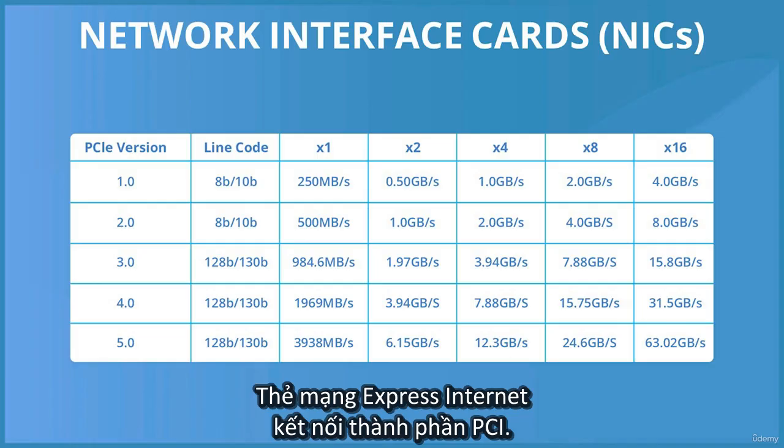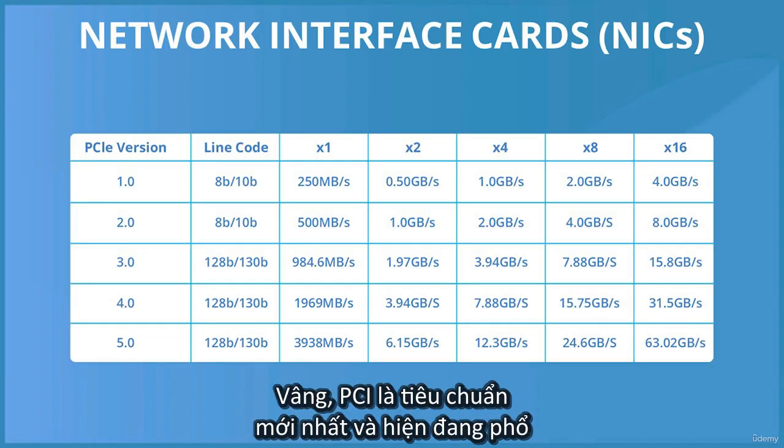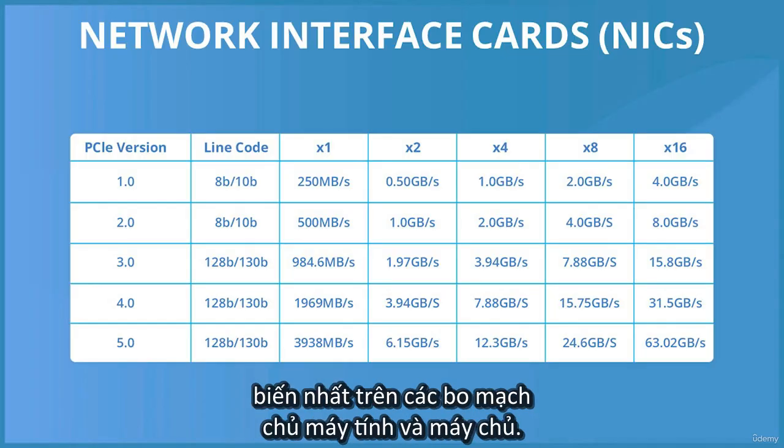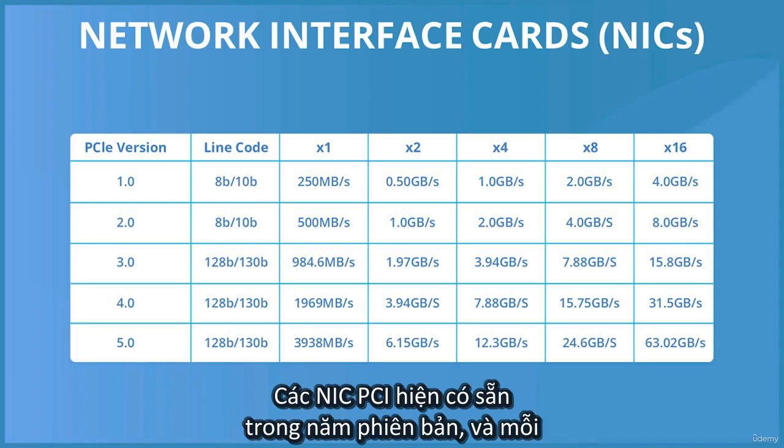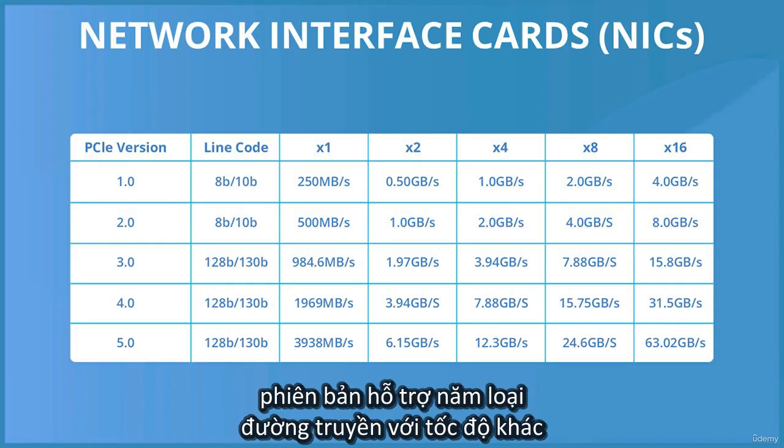PCIe, Peripheral Component Interconnect Express Network Cards. PCIe is the latest standard and is now most popular on computers and server motherboards. PCIe NICs are available in 5 versions now, and each version supports 5 types of lanes at different speeds.